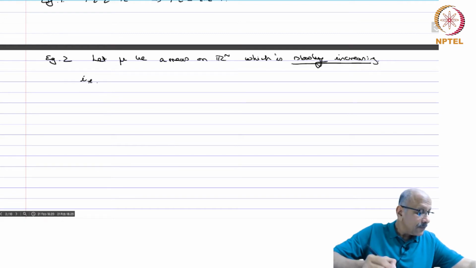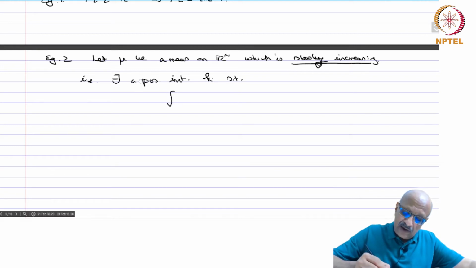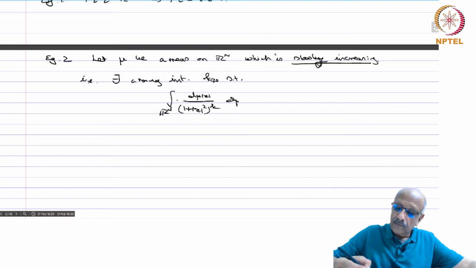That is, there exists a non-negative integer k, so k greater than or equal to 0, such that we have the integral over Rn of d mu of x over (1 plus mod x squared) to the k is less than plus infinity.